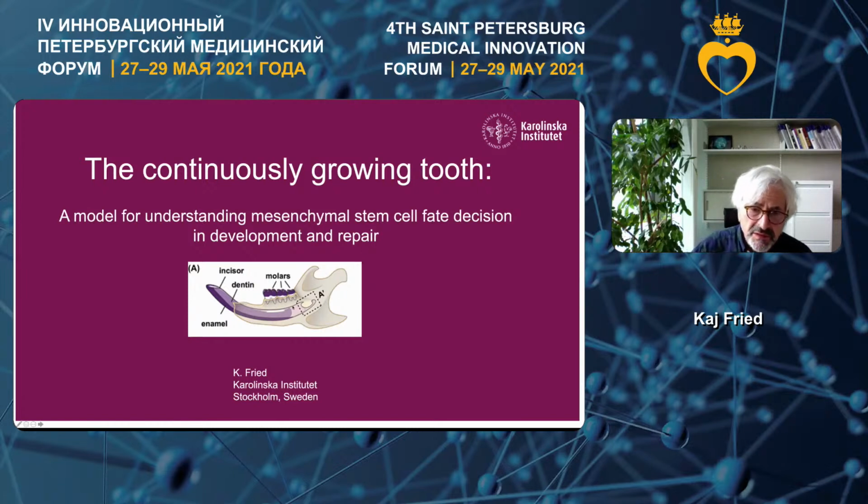And this is a schematic picture of a mouse lower jaw or mandible, where we can see the incisor, and this is what we see in the mouth. During its lifetime, the mouse is continuously gnawing this part of the tooth so that it is abraded, but it's continuously growing from the apical end, the other end, in order to replenish the tissue that is being lost through this continuous gnawing.